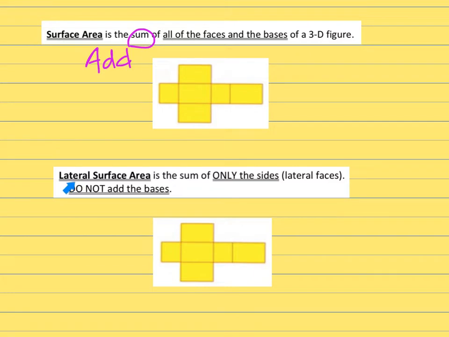When you look below, lateral surface area is the sum of only the sides, which is also called the lateral faces. We will not add the bases. That's really important. Do not add the bases. Only the lateral faces. So this is a base and this is a base.